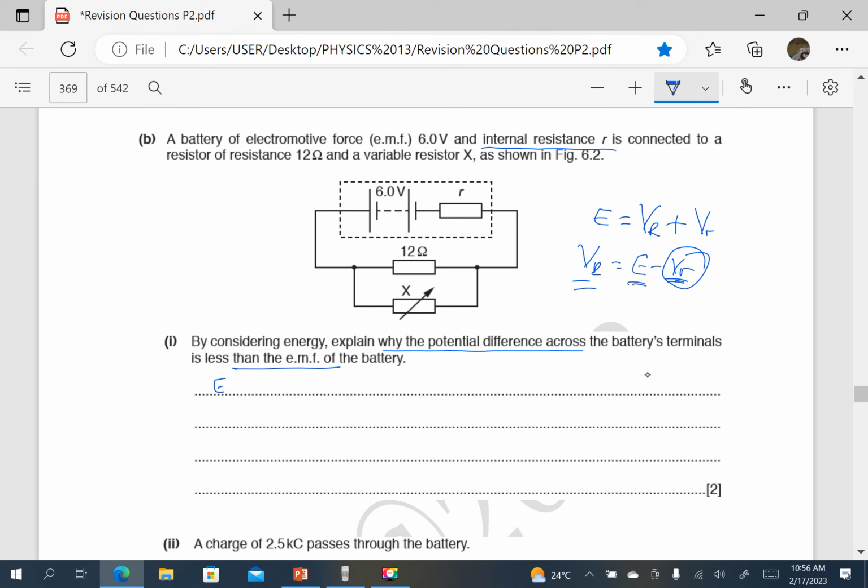So we can say EMF is the total energy available per unit charge, and some energy is dissipated in the internal resistance.